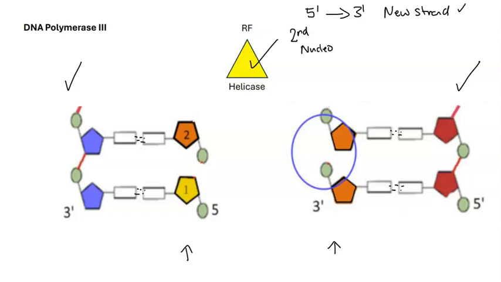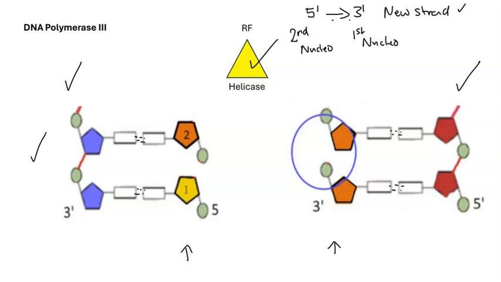I'll call it nucleo for short. And the 3' is referring to the first nucleotide. And between the two, what is being formed is the phosphodiester bond. So let's take a look at that on the leading strand to begin with.